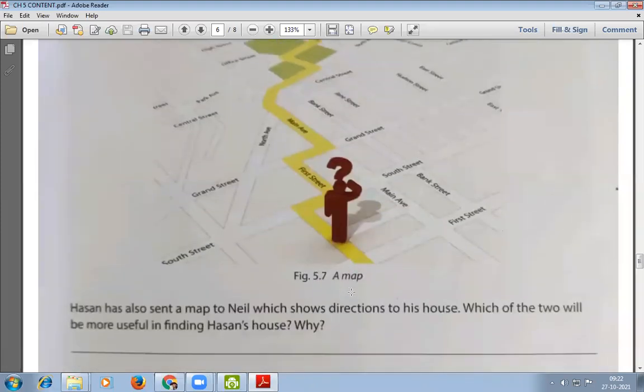Second one is the visual representation in a map. Okay, there are two ways. So according to you all, what do you think? Which one is the best option to find Hassan's house? Let's see.